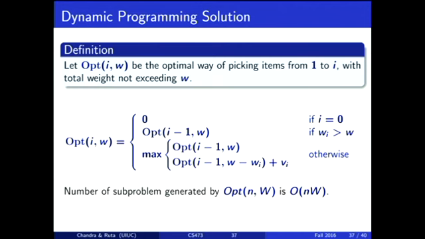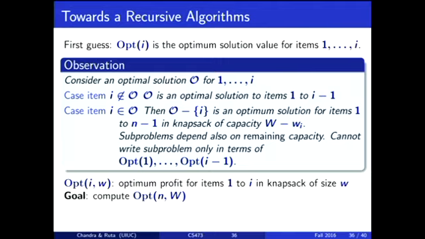When we tried to solve the knapsack problem, we had to introduce this additional variable, right, which is the capacity of the knapsack. Why? Because we couldn't decompose the problem without doing that. Right? To even write the recursion, we couldn't figure out how to write the recursion without doing that. If you do that, then we get a nice recursion.